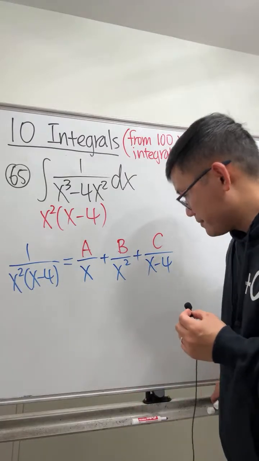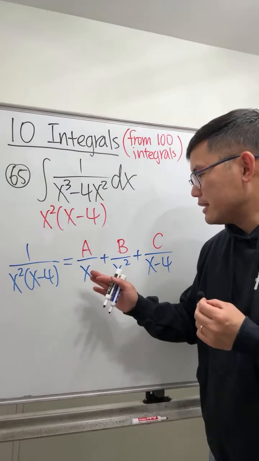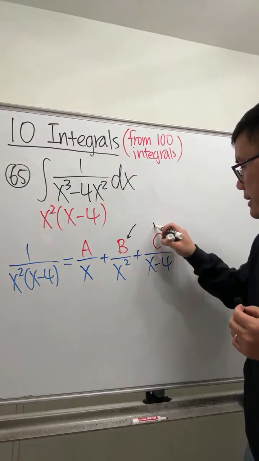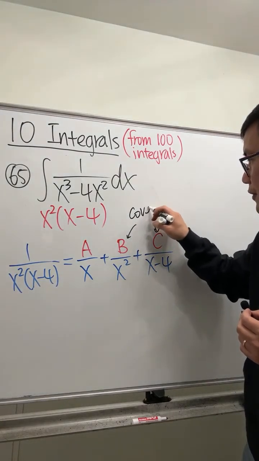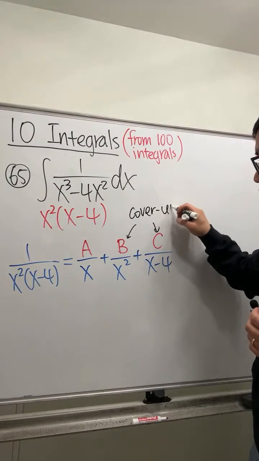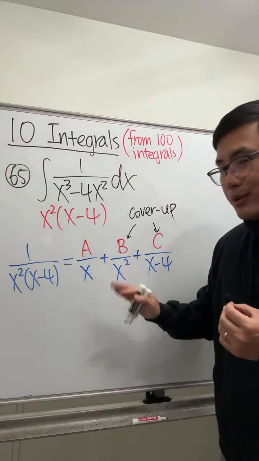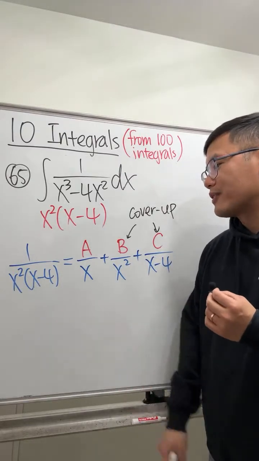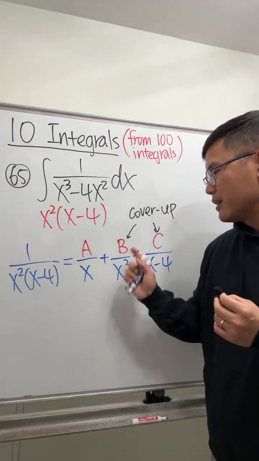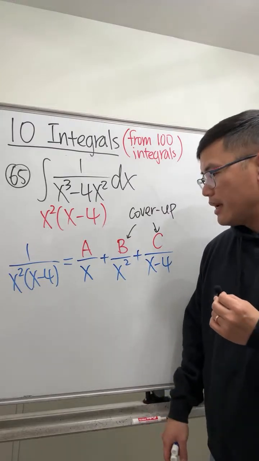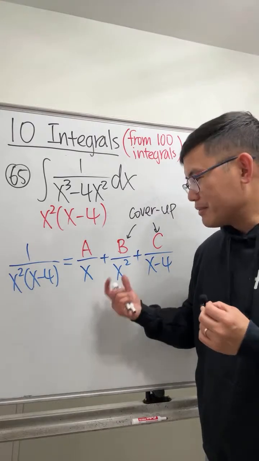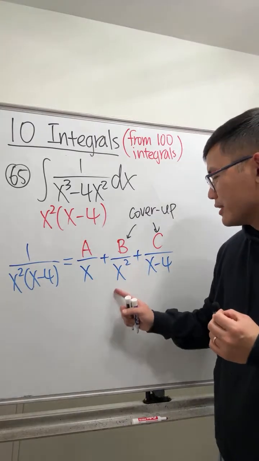All right, and then go ahead and figure out A, B, and C. And I will tell you though, for B and C, you can use the cover-up method, which is just do what we have done before. So try it. I reviewed the cover-up method for figuring out the constants. And yeah, after that, you just integrate the first, integrate the second, integrate the third.